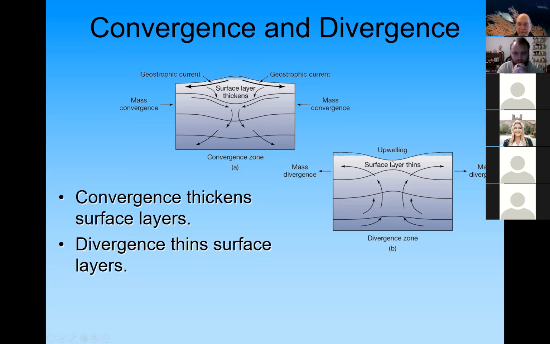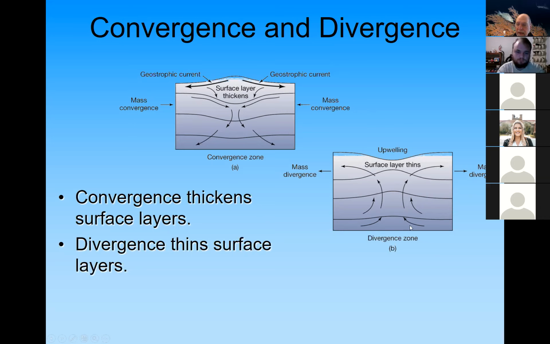Likewise, and perhaps more important, if you have a cold core eddy, the surface layer thins, there's flow outward. To replace this flow, you get upwelling. So the upwelling in divergence zones can be very important in terms of its impact on productivity. Productivity in the ocean very much depends on the availability of nutrients. We're going to talk more about that after the midterm when we get into the living ocean processes.